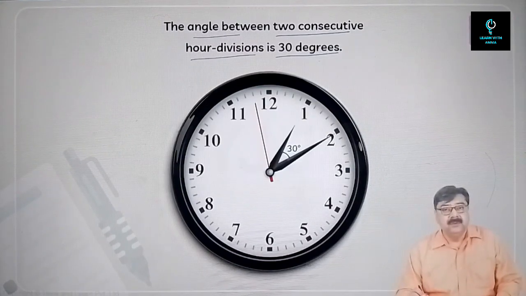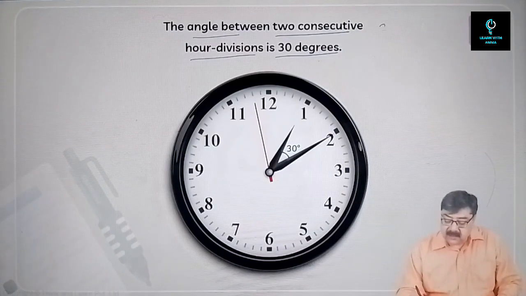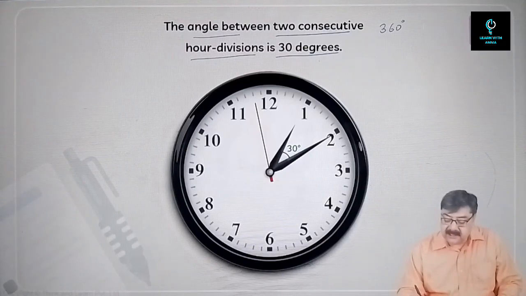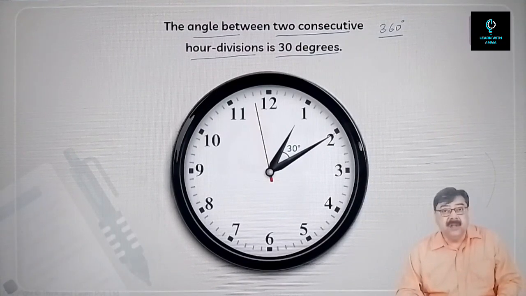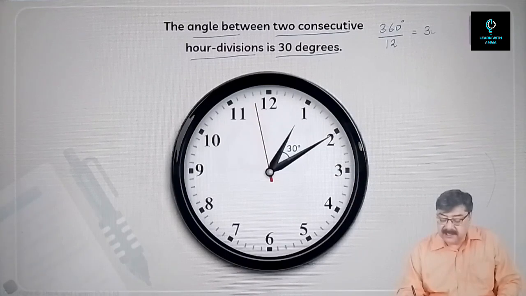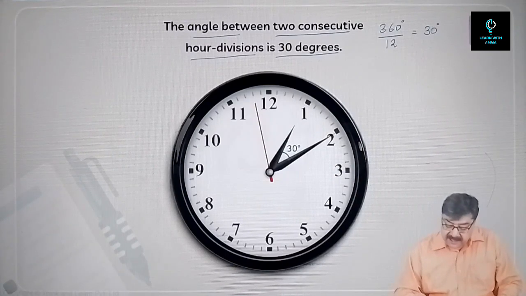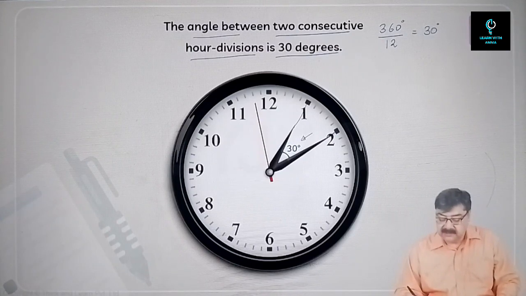Now we know that the angle at the center of a circle is 360 degrees and the dial of a clock is divided into 12 hour divisions. So 360 degrees divided by 12 equals 30 degrees. As is evident here, this much is 30 degrees, the angle between the hour divisions between 1 and 2.